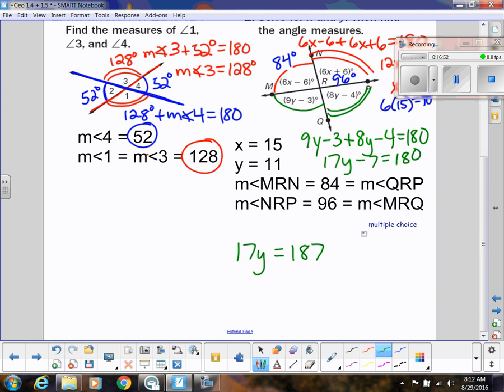That equals 187. Divide by 17. And that's how we're going to get 11 for the y. So then if I plug in 11, that'll be 99 minus 3, which is 96. And then I'll have 88 minus 4, so that'll be 84. All right, so that's how we know what those angle measures are and what x and y are. Notice again that the vertical angles end up being the same.